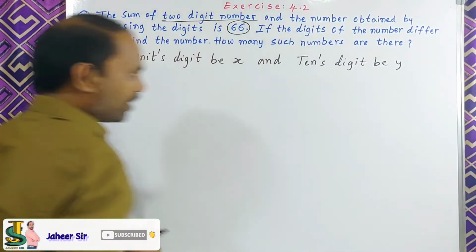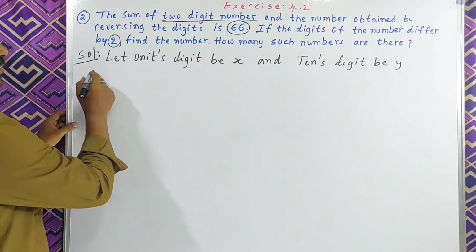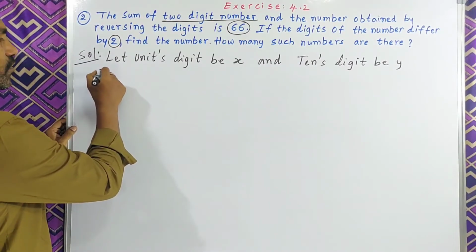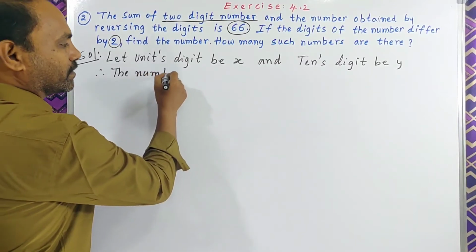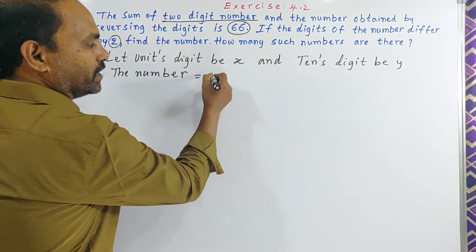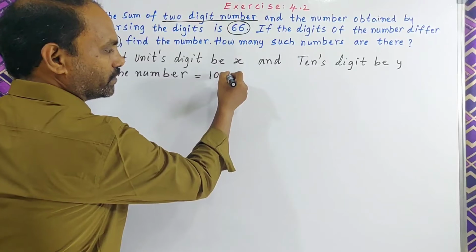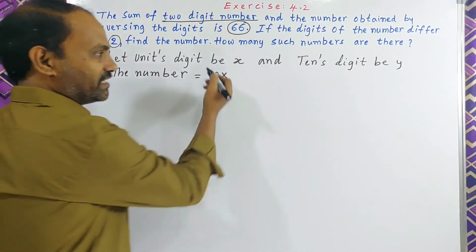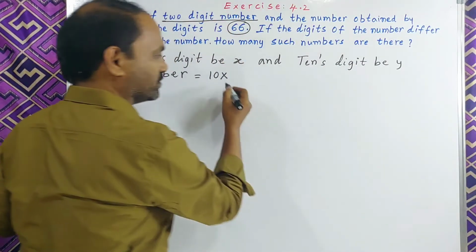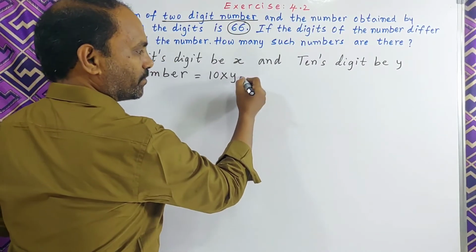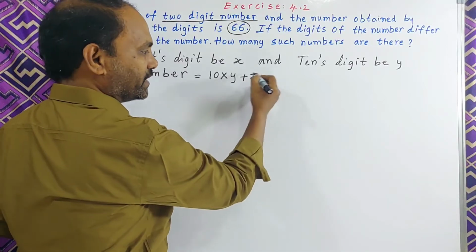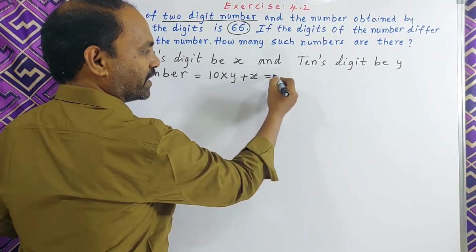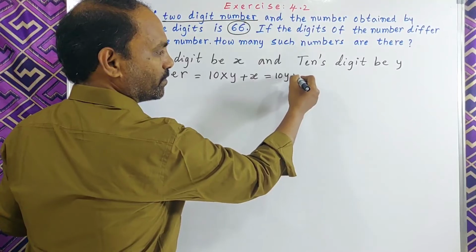Now how can we find it? Therefore, the number is equal to 10 into the tens digit. What is the tens digit? y. Plus the units digit, so we get 10y plus x.